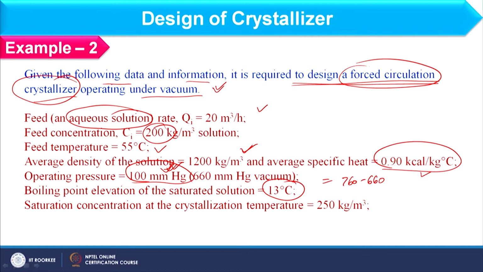So, you can see this temperature is considered within the crystallizer. Okay. And after that we are given the saturated concentration at crystallization temperature, okay, and that is 250 kg per meter cube. So, you see at crystallization temperature the saturation condition is already given to us. Okay. And for that data we have to design the crystallizer.